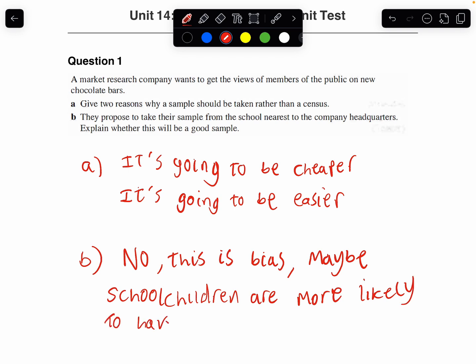Something like that, right? If you're trying to do a sample on members of the public, you can't just be asking a school, you need to be asking adults, you need to be asking retired people. None of those can be asked in a school setting.